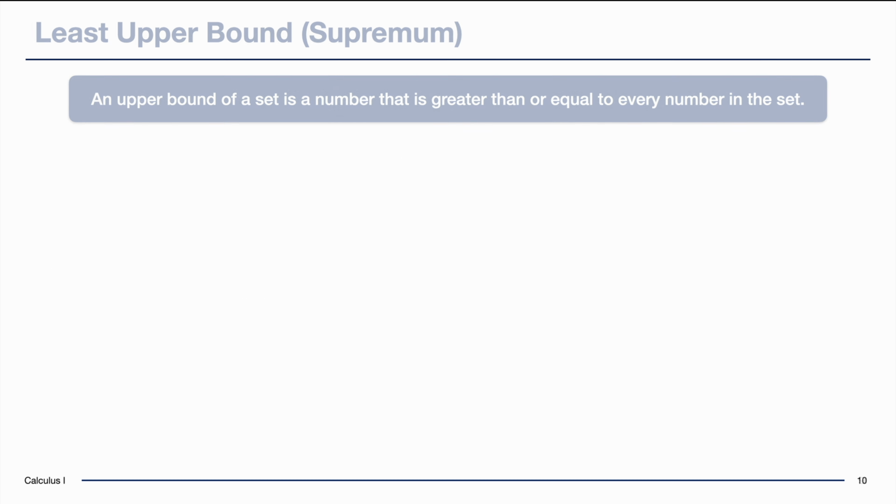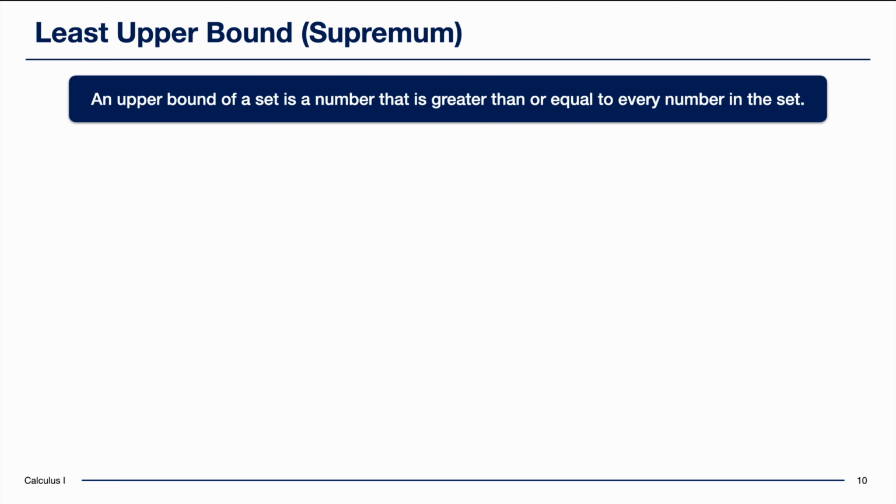So before we deal with the irrational numbers, let me take a quick detour into least upper bounds, also referred to as supremums. An upper bound of a set is a number that is greater than or equal to every number in the set. For example, let's consider this set, which contains the numbers 3, 7 over 3, 52, and 511.